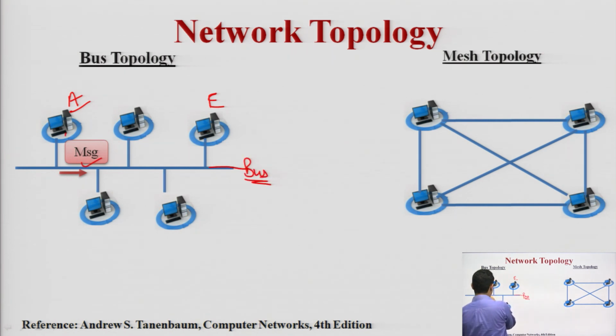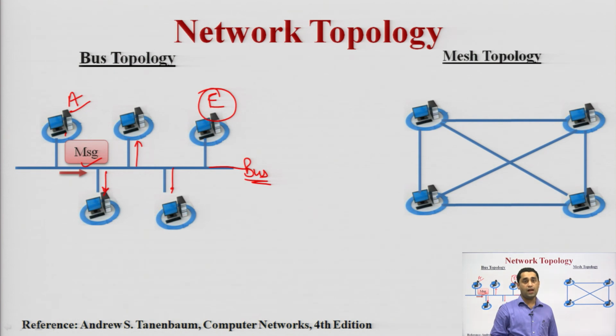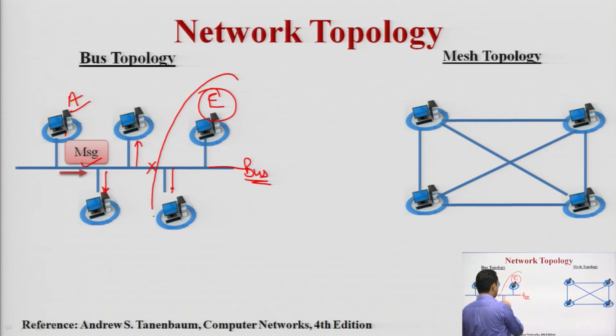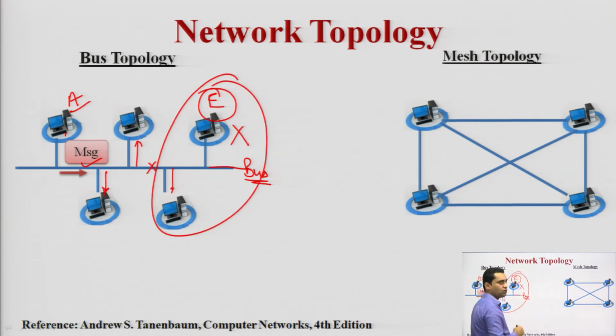As you can see here, the message is going to travel: first to this node, then this node, then this node, and finally to E. So, there is no confidentiality of the message, and if the link is broken at this point, the message won't be delivered to these two devices. So, this is also a drawback.